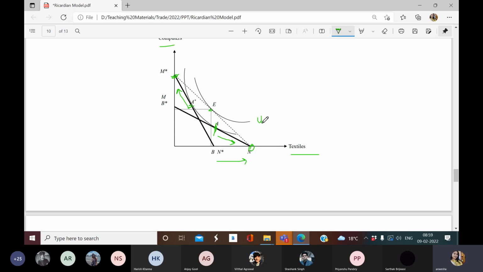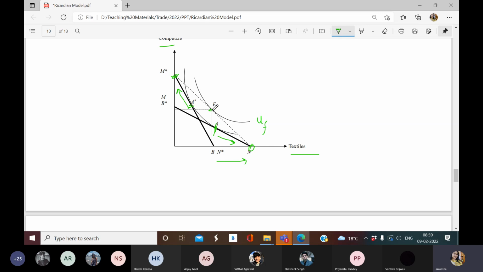Suppose this is UF, the post-trade CIC, and you have assumed identical tastes, so this UF is for both the home country's consumers as well as the foreign country's consumers. The point of consumption will be between the CIC and the price line of the two countries.